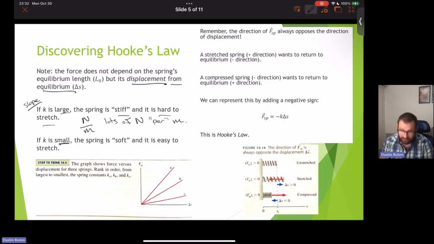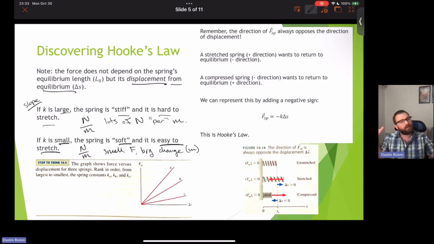Now, if K is small, then the spring is soft and it's super easy to stretch. So when we think about the units of K and that relationship, small newtons, or small force, gives a big change in the length of the spring.